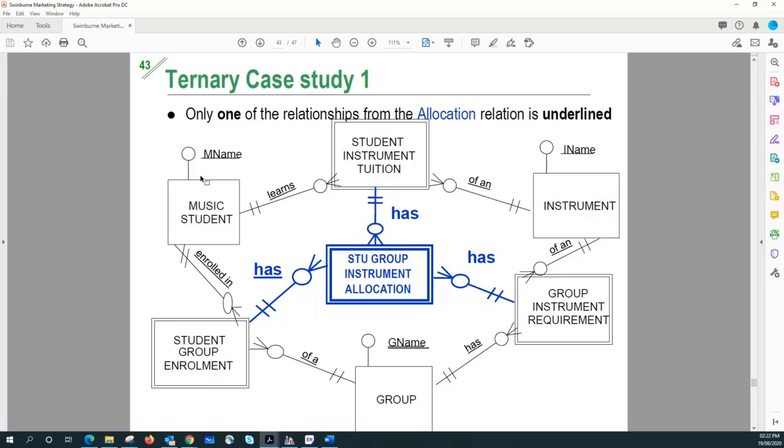So we take only the music student name and the group name as the primary key. So just underline only this part, and don't underline the other relationship. That's what I wanted to tell you.